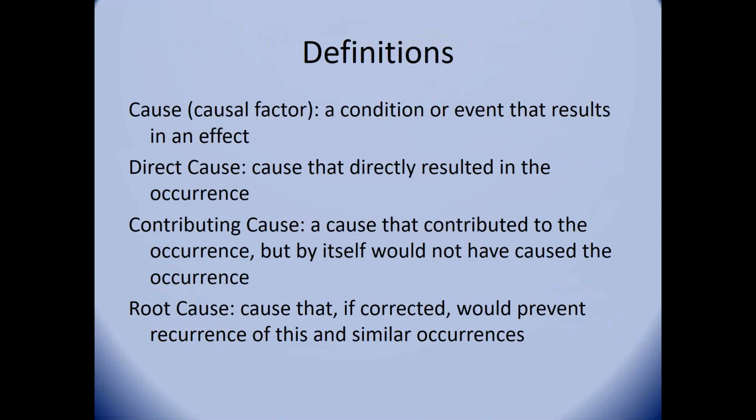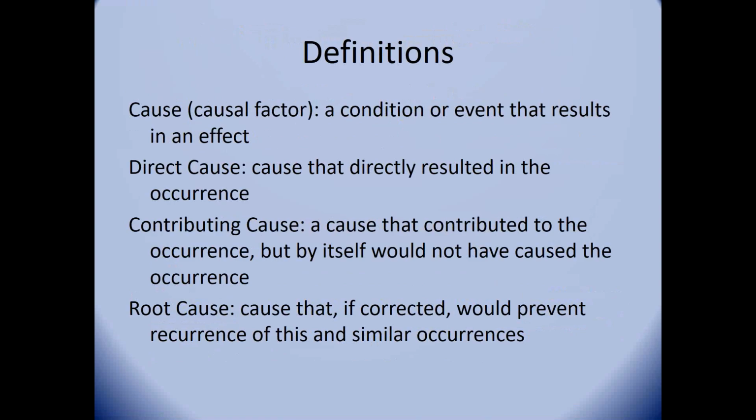So some different definitions we'll see in a root cause. The cause is just a causal factor. It's a condition or event that results in some effect. The direct cause is a cause that directly resulted in the occurrence. And this is a lot of times what you'll find out when you get toward the end of your root cause analysis. Then they have one called a contributing cause.